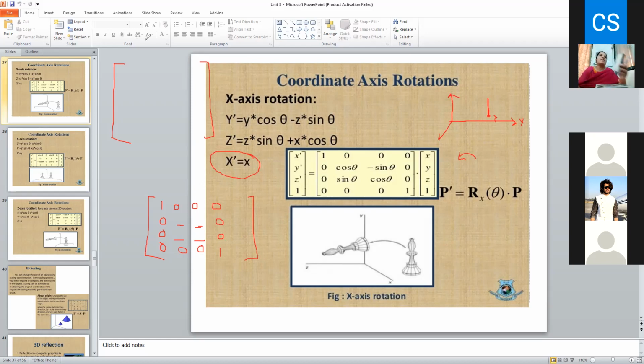So y value means second row, second column. Y value means what? This second row and second column. Then I want y dash equal to y. So the second row, second column element will be 1. Remaining all will be 0.